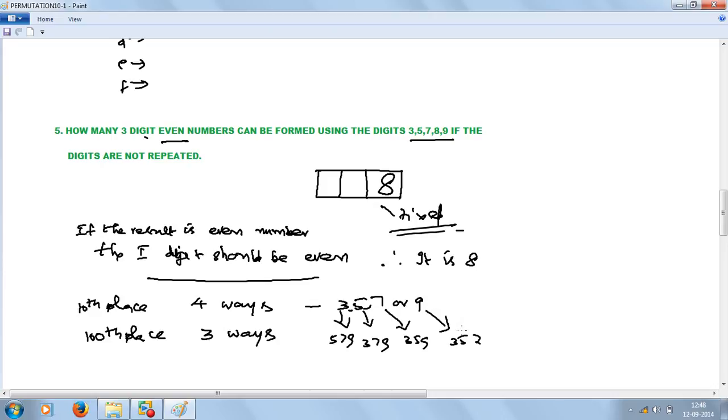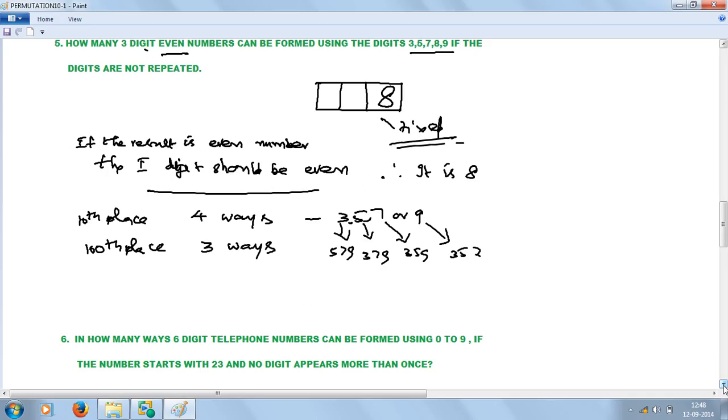So the total number of ways is equal to 3 multiplied by 4.